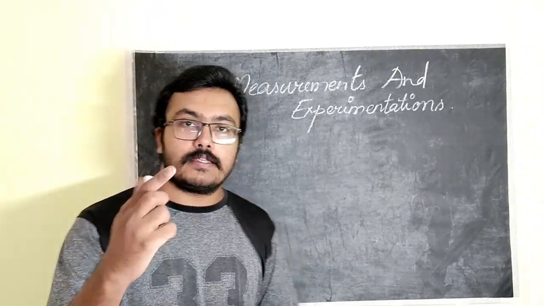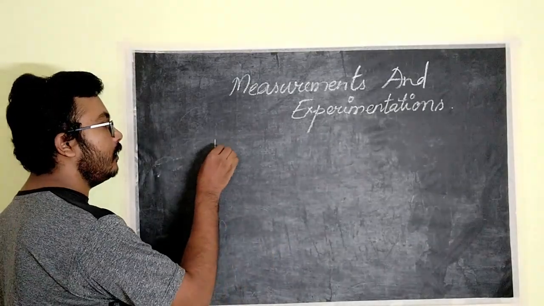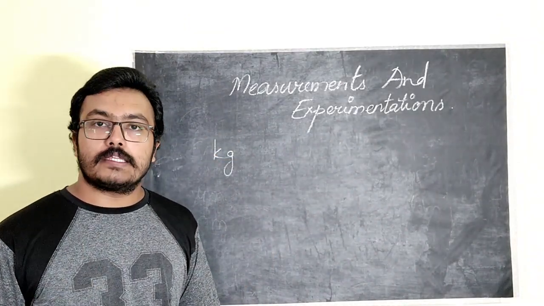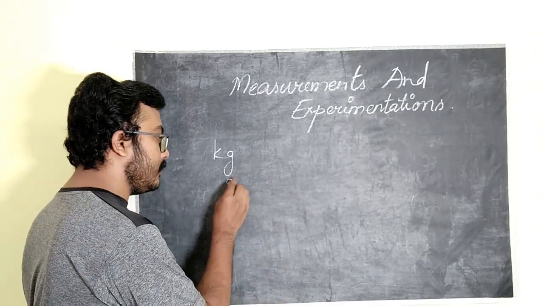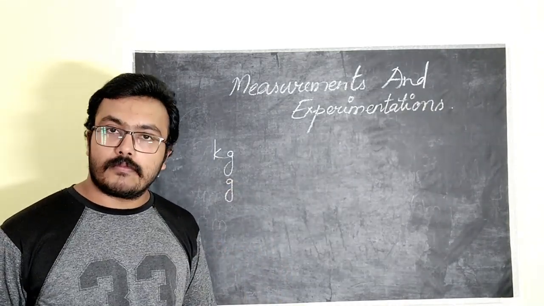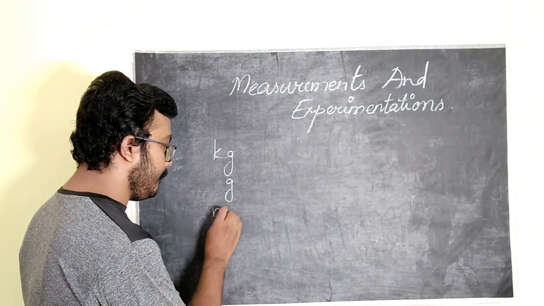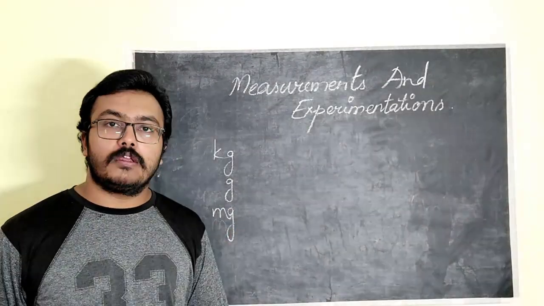Now we'll get into different types of units to measure mass. Yes, mass, the simple thing you know is we can measure it in kg, that is kilogram. Mass can also be expressed in terms of gram, and what else do you have? Mass can be expressed in milligram, mg.